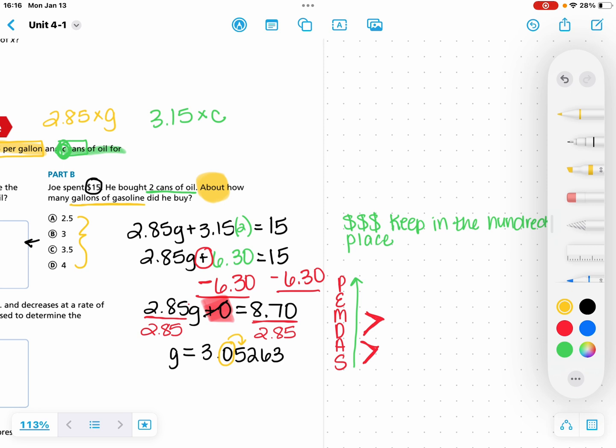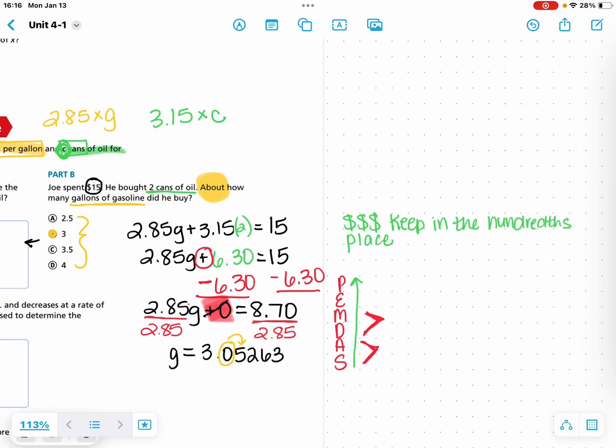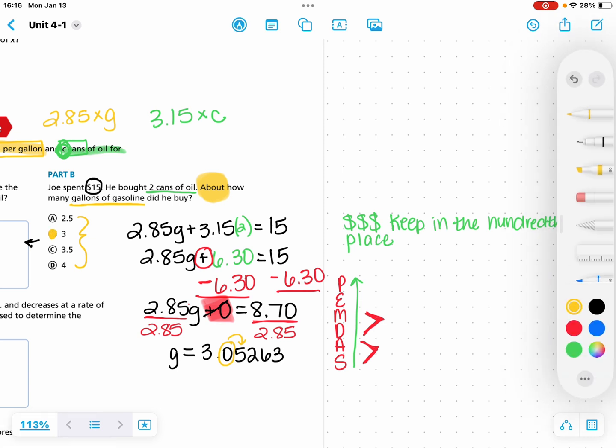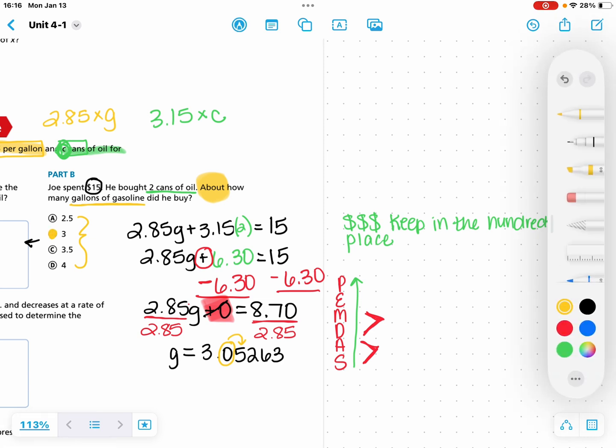Well, this is going to be the closest to just plain Jane 3. It's a little bit too far from 3.5, but it's 0.05263 away from the number 3. So really, this would have even rounded to 3.1, which is still closer to the number 3.